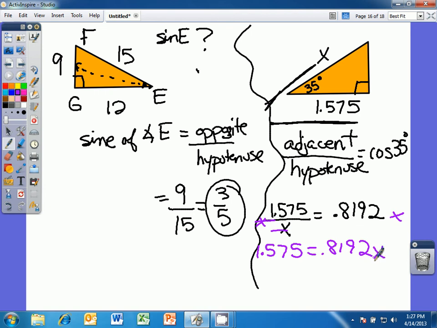And now I'm going to divide both sides of that equation by 0.8192. And I'm left with a value 1.923 is equal to x. So my hypotenuse has a length of 1.923.